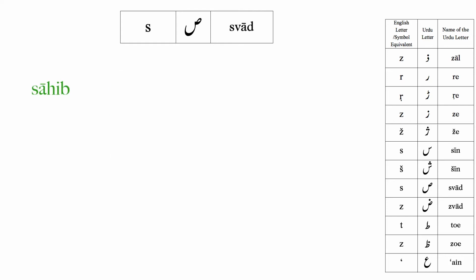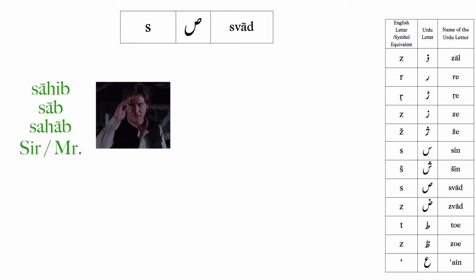And there are variations of this word. I've heard sahab, and it just means sir or mister. You might see it added to a man's first name. So my brother's name is Adnan. If someone wanted to address him with respect, they might call him Adnan Sahib or Adnan Sahab or Adnan Saab.